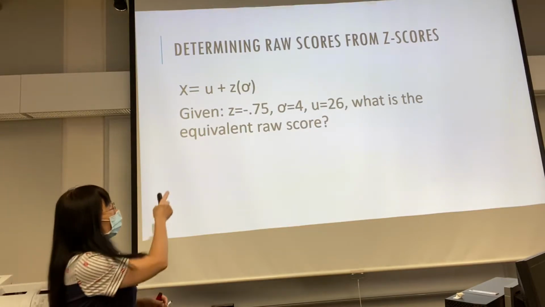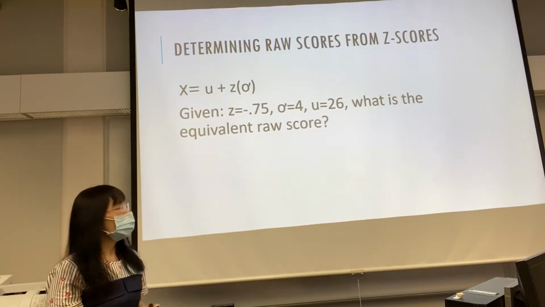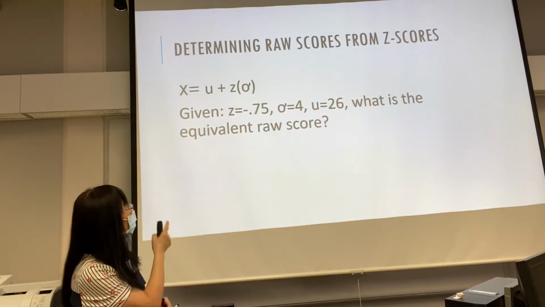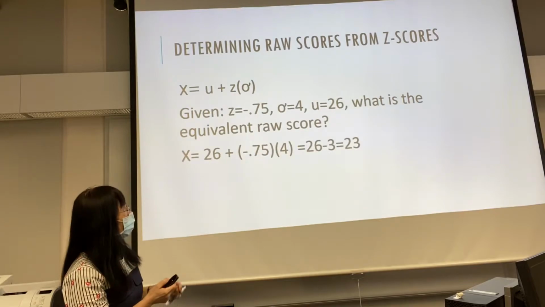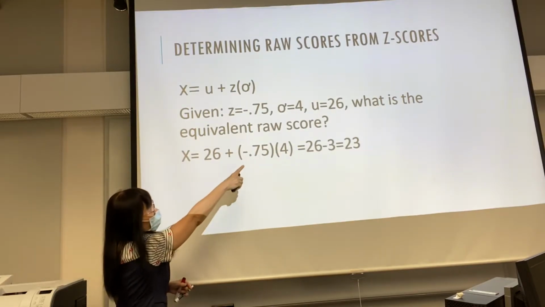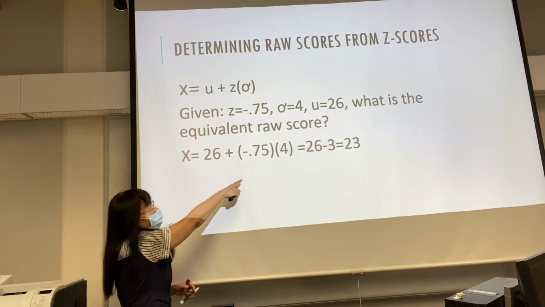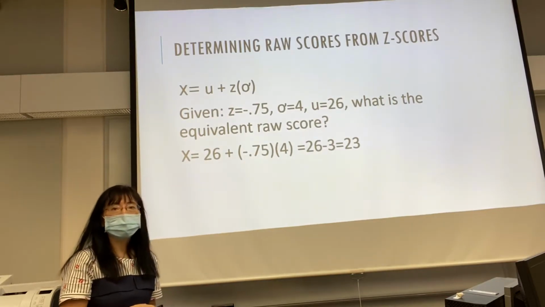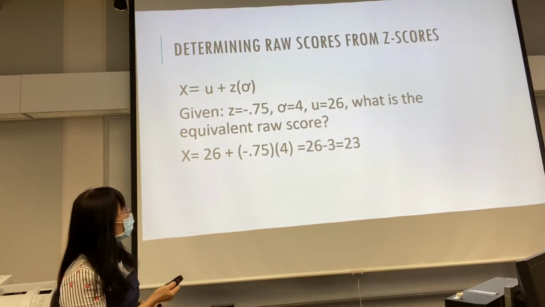You are given Z equals negative 0.75, the standard deviation is 4, and the mean is 26. What is the equivalent raw score? I put the Z score here, and then mu is here, times your standard deviation, and you get 23. That's how you get this one.